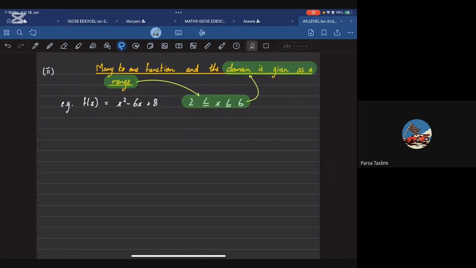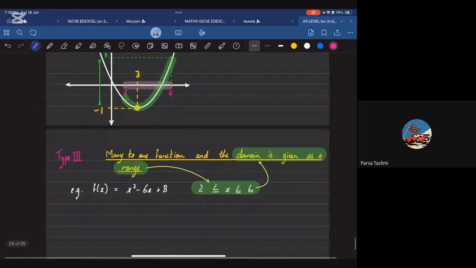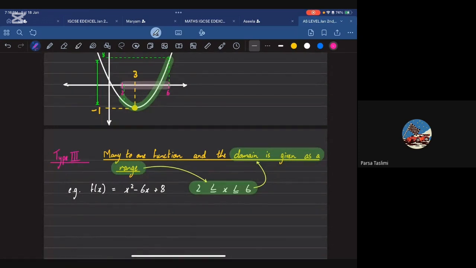We'll say this is type 3 again as well. But there is a highly likely chance that the turning point is not in your given domain. That could be a case as well. What will we do then? That's what we're here to see.